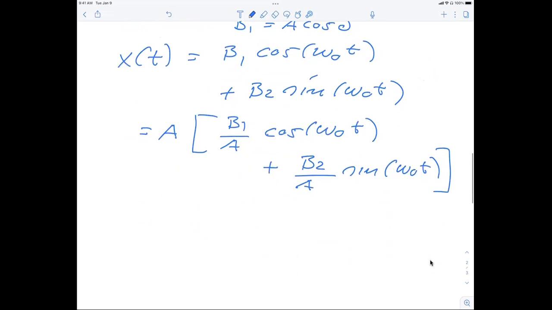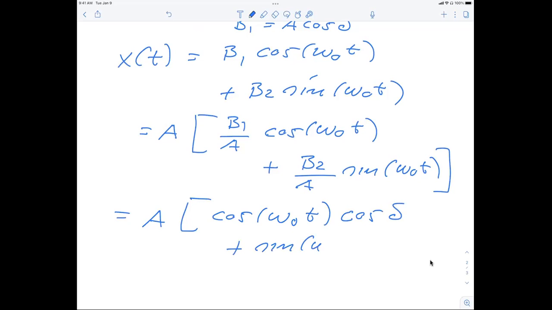What I get then is a new expression, which goes like a times cosine omega 0 t times this cosine of delta plus a sine of omega 0 t and a sine of delta. And then we use these trigonometric relations of cosines and sines, and you've probably seen that one.